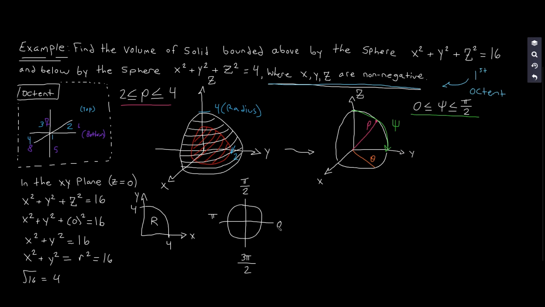Then 2 pi radians is a full revolution. But we're only interested in this area here. So going from 0 counterclockwise towards pi over 2, 0 is less than or equal to theta, and theta is less than or equal to pi over 2.